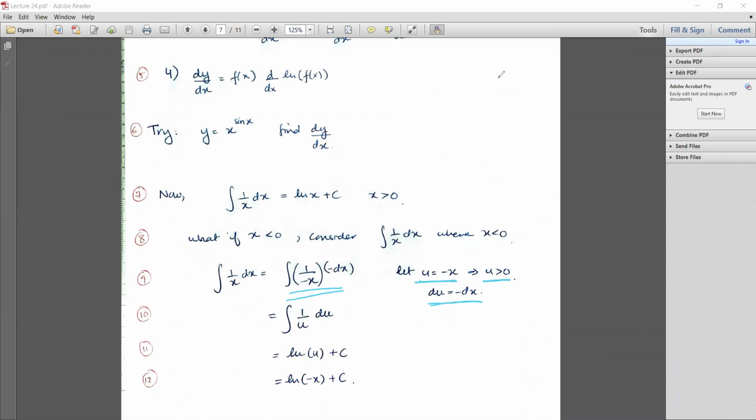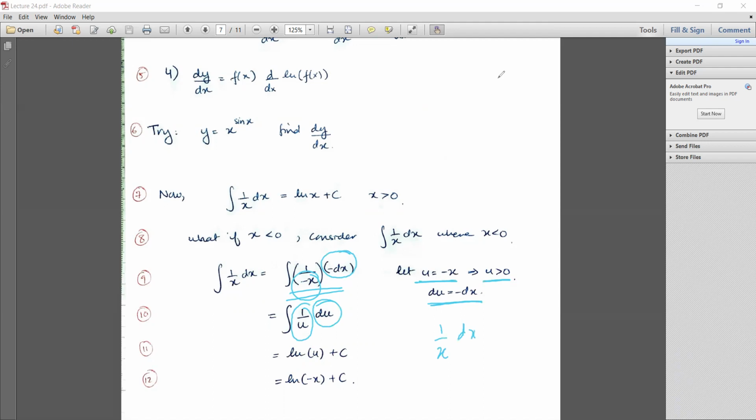And so du is just negative dx. Now, instead of 1 over x dx, all I did was multiply and divide by negative 1. So I have negative dx over negative x. Just multiply and divide by negative 1. It doesn't change my original expression. Negative dx becomes du, and 1 over negative x becomes 1 over u.